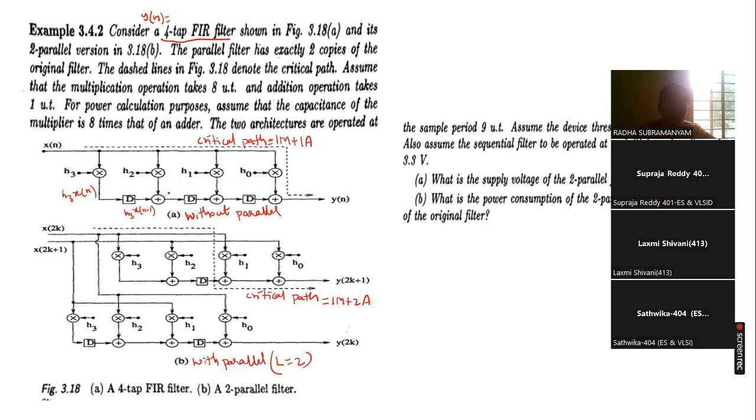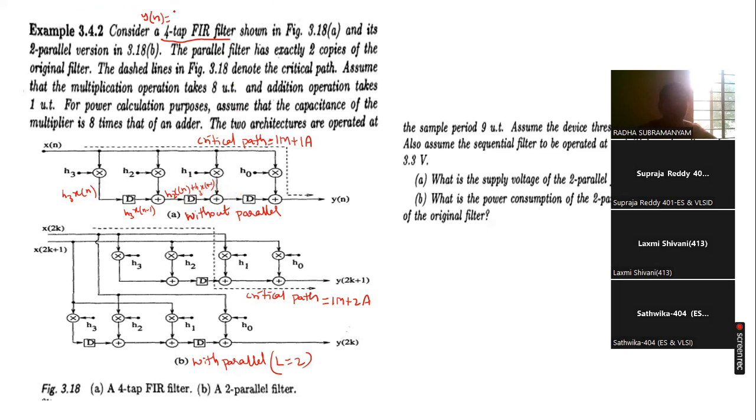Then H2 into X of n will come, H2 into X of n plus H3 into X of n minus 1. So like that you apply, one more delay will come: H2 X of n minus 1, H3 X of n minus 2. Then H1 also gets introduced, H1 into X of n. And finally what we are going to get is the final equation.